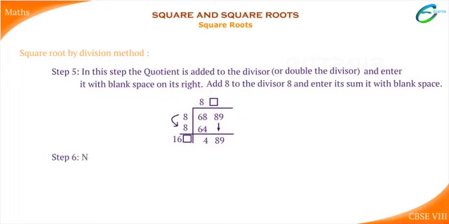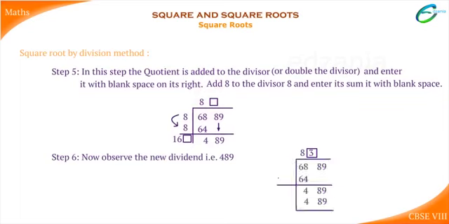Step 6. Now observe the new dividend, that is 489. Guess the largest possible digit to fill the blank, which also becomes the new digit in the quotient, such that when the new digit is multiplied by the new divisor, the product is less than or equal to the dividend.